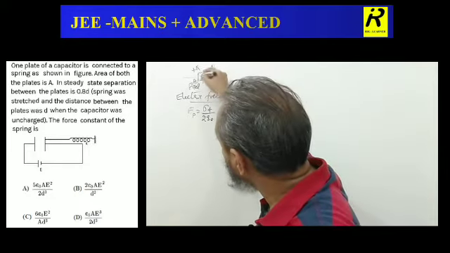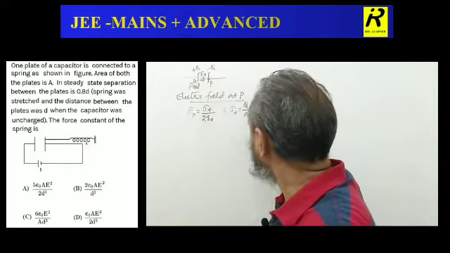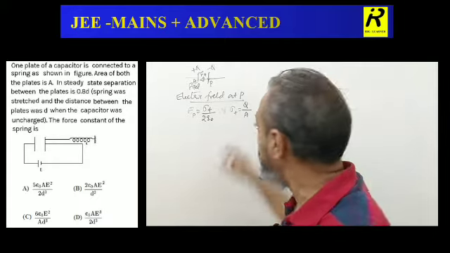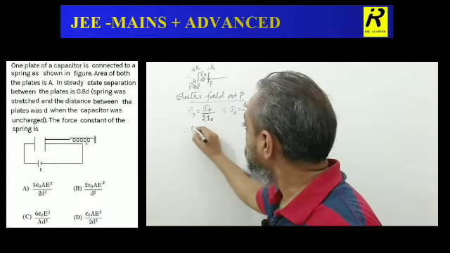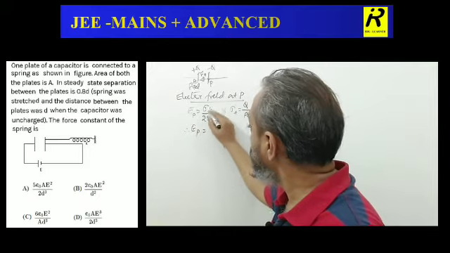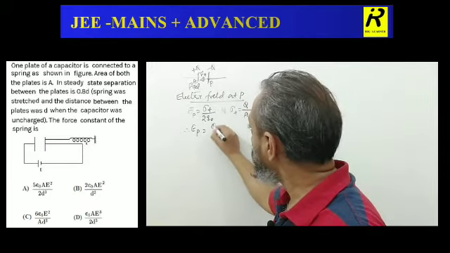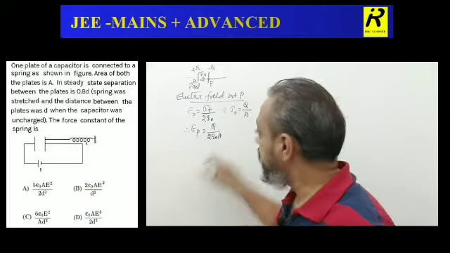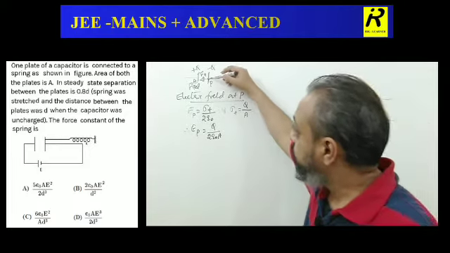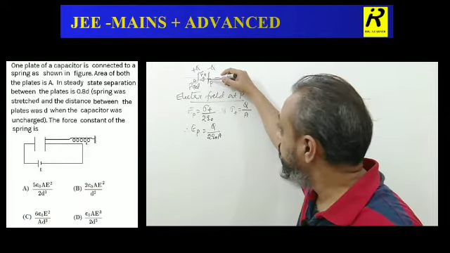So EP is equal to Q divided by 2 epsilon O into A. This is the expression for the electric field at the point P.